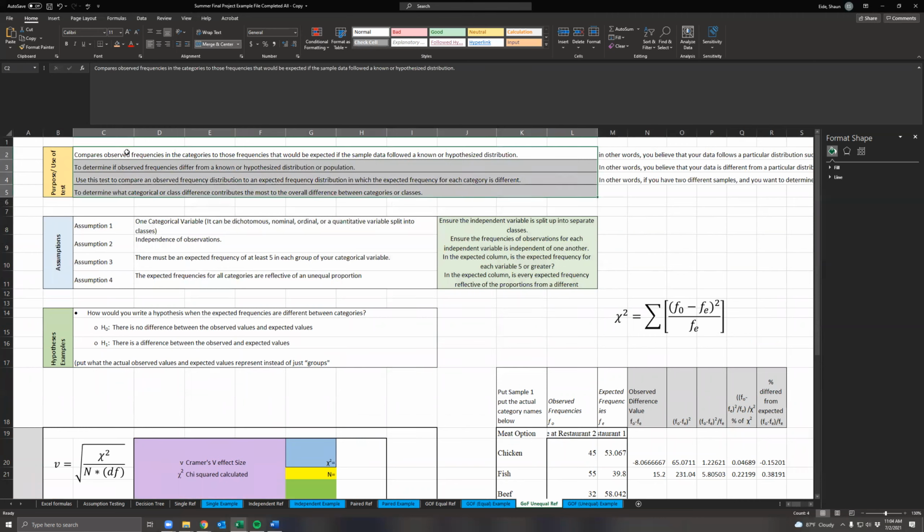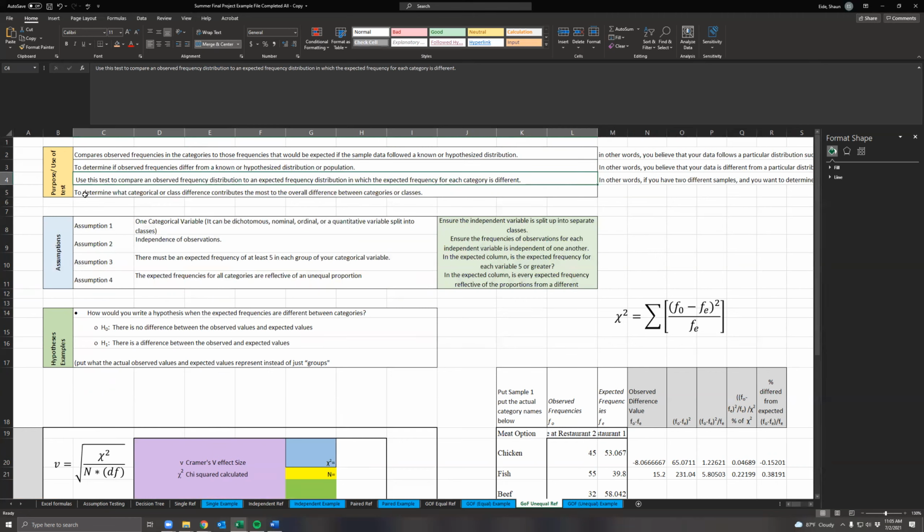Are we comparing the observed frequencies and categories to those frequencies that would be expected from a hypothesized distribution, aka normal, to determine if the observed frequencies differ from a known or hypothesized distribution, to use this test to compare observed frequency distribution to an expected frequency. In other words, like we expect these frequencies from the year 2000 to match the frequencies of year 2001.